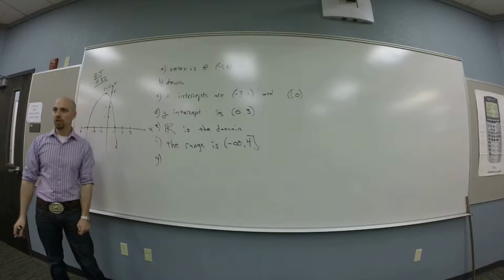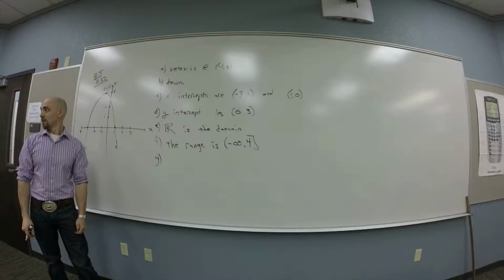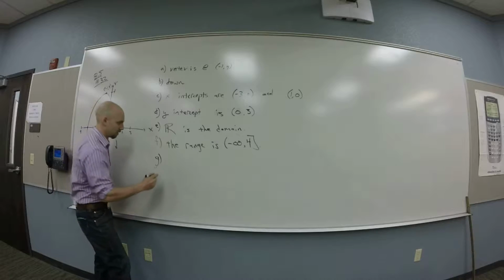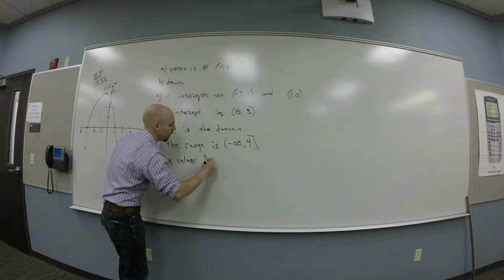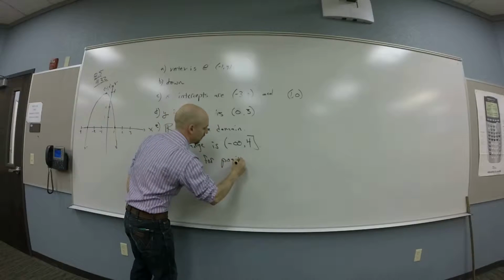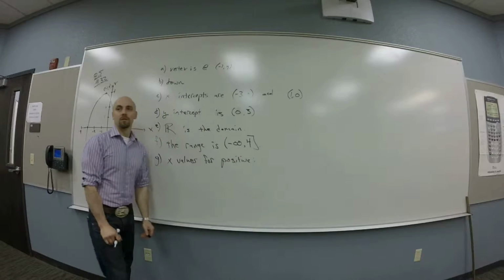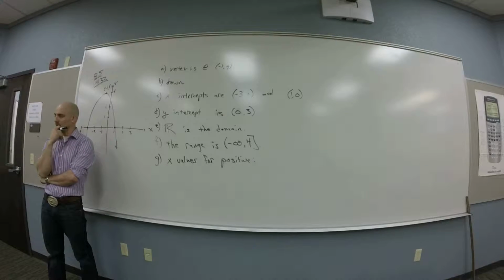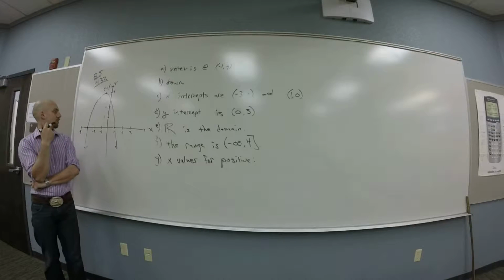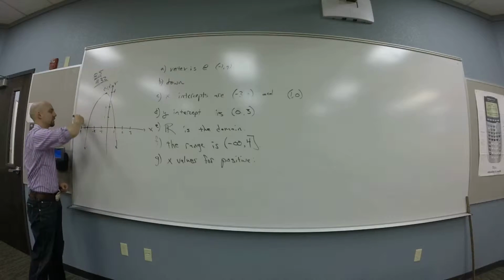G? What's G? X values for positive? What are the x values for when this function's positive? How about where is it positive? Can I circle that on the picture or something? -3 to 1. That's like this stuff, right?